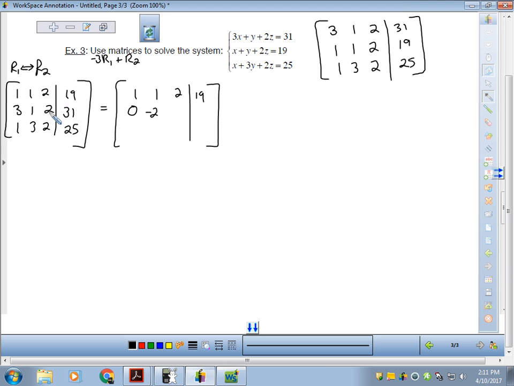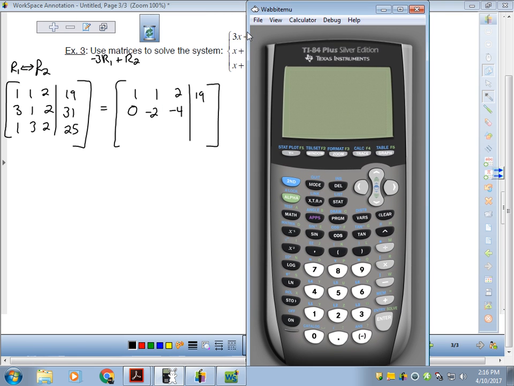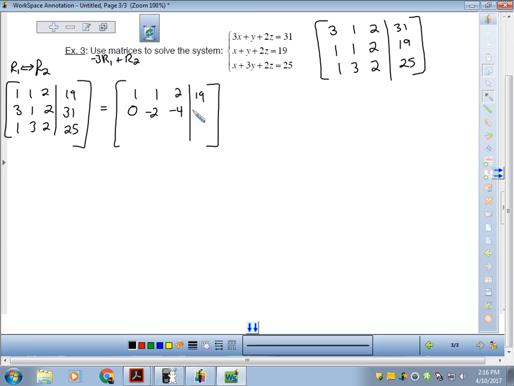Negative 6 plus 2 is negative 4. And this is the one where I'd actually want to use my calculator. So pull it up here. I'm doing negative 3 times 19, and I'm going to add that to 31. It gives me negative 26. Okay. So now I have a 0 there.